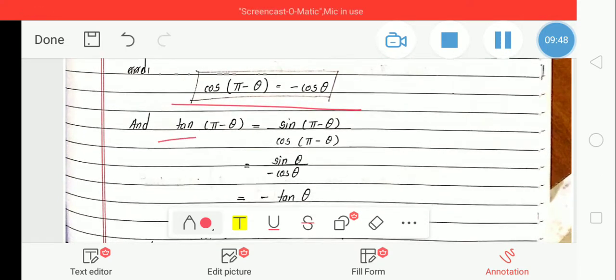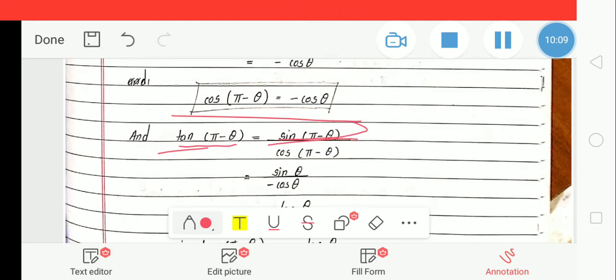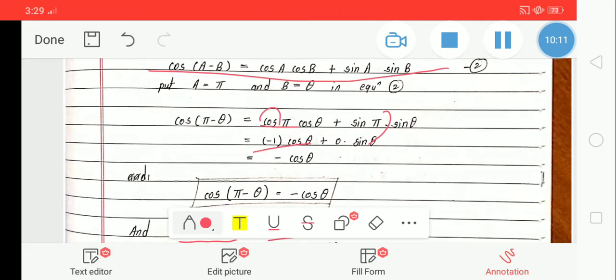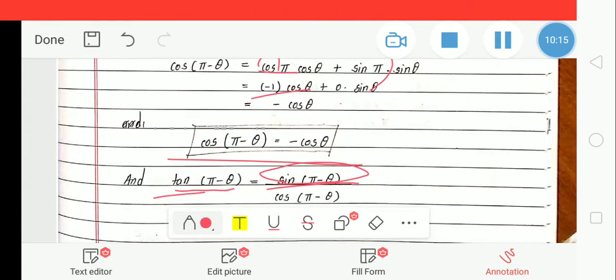Tan is also the same. We know that tan theta is equal to sin theta divided by cos theta. So tan(pi minus theta) is equal to sin(pi minus theta) divided by cos(pi minus theta), so sin theta divided by minus cos theta. We know sin(pi minus theta) is sin theta, and cos(pi minus theta) is minus cos theta.